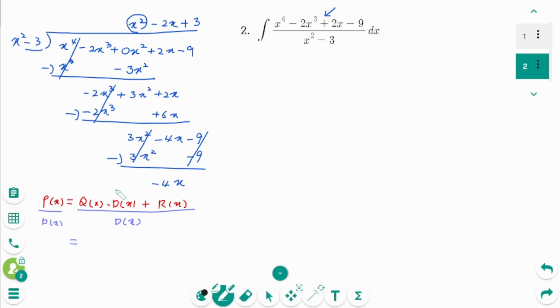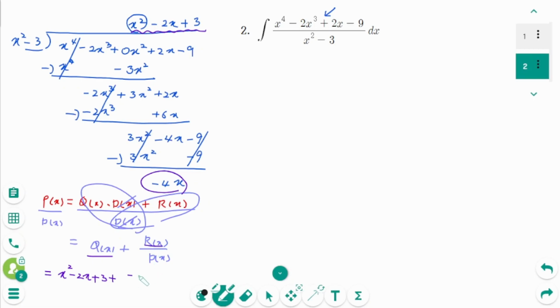So the quotient is x squared minus 2x plus 3, plus the remainder, minus 4x, over the divisor, x squared minus 3.